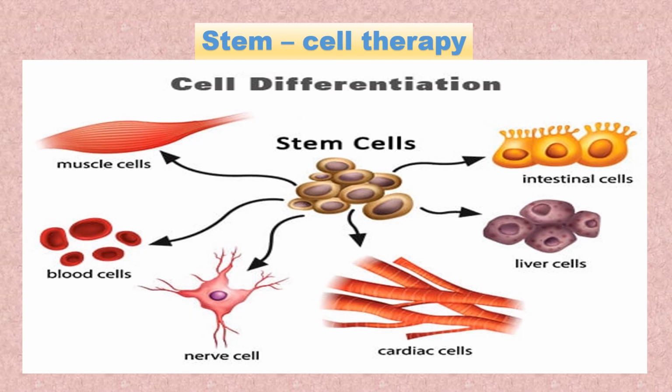In treating neurodegenerative disorders, that is neuronal stem cells, nerve cells. What are the diseases? For example, Parkinson's disease and Alzheimer's disease. Parkinson's means a nerve problem, the nerves are shivering.